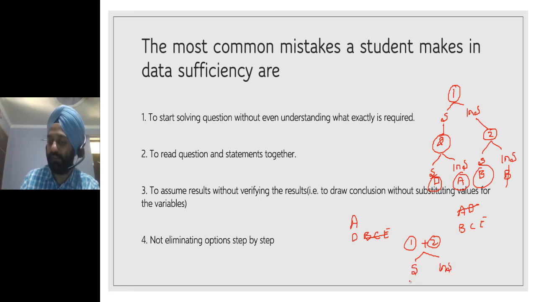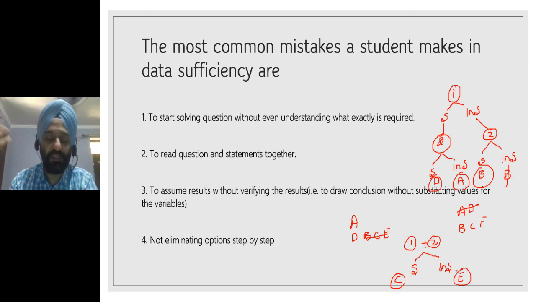If together they are sufficient, the answer is C, else the answer is E. When you follow the step-by-step elimination process, you will not make any mistake, because your mind is in a rush, it's not properly focused. But if you have a habit of eliminating step by step, probably you will not commit such mistakes.